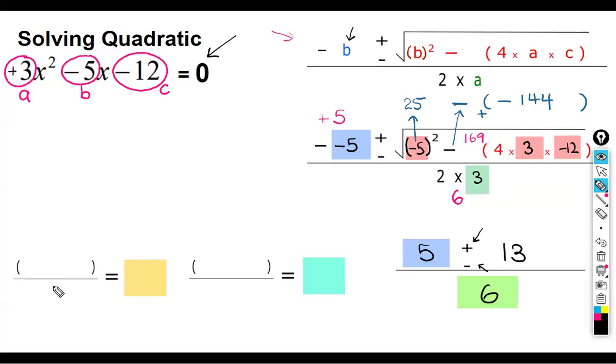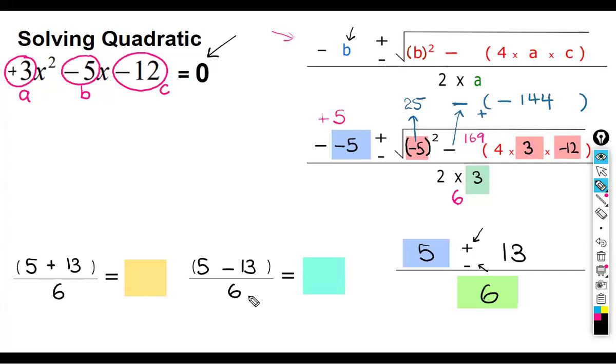I'm going to write what I just said there. Then we are going to say 5 minus 13. In other words, pay attention to the negative now. Ignore the positive. 5 minus 13, and then we divide it by 6.